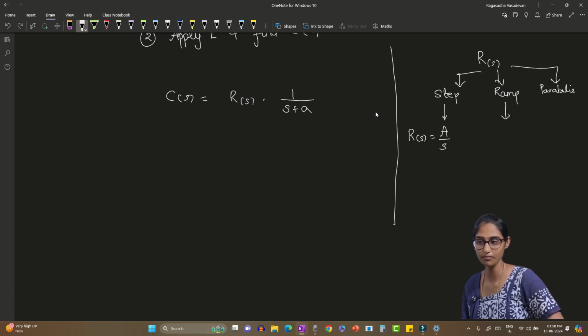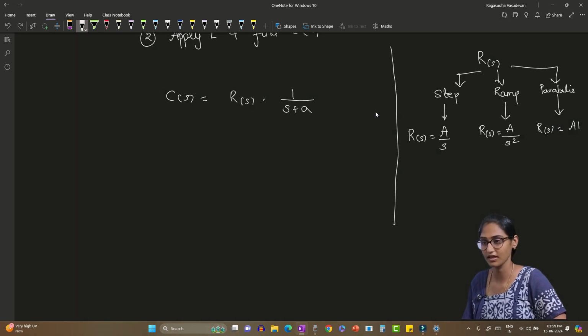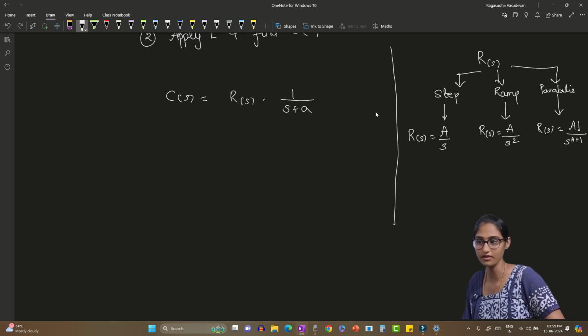If that is a ramp input, then what will be r of s? It will be of this format, a by s square. For a parabolic input, what is the r of s? This is going to be a factorial divided by s power a plus 1. So depending on the type of signal input, we have to apply the corresponding r of s over here.